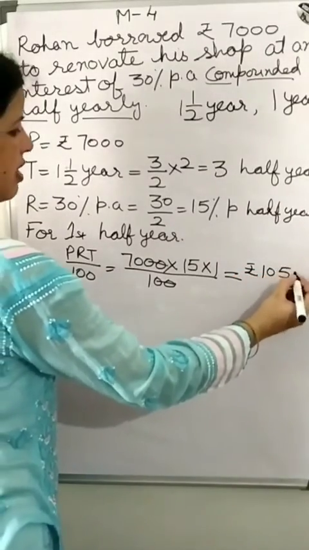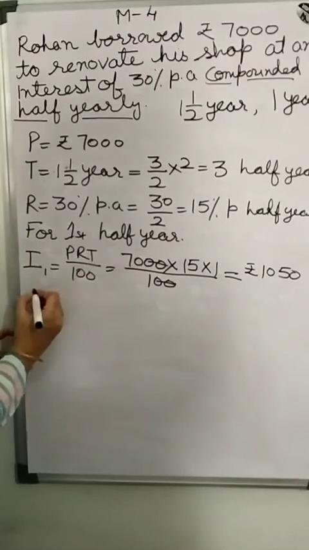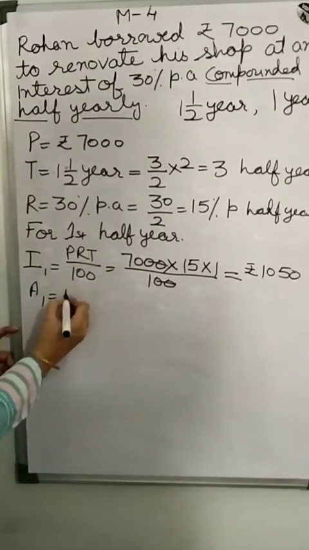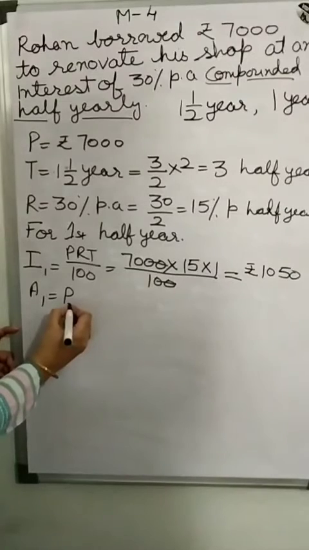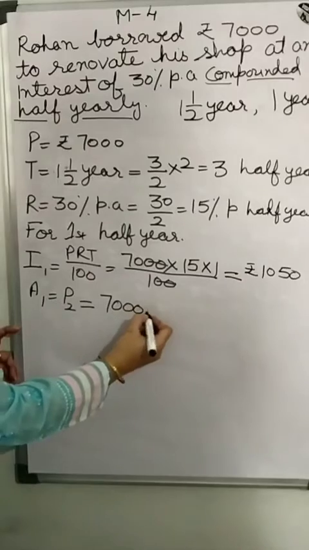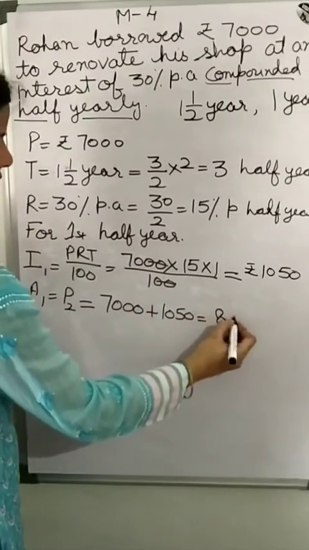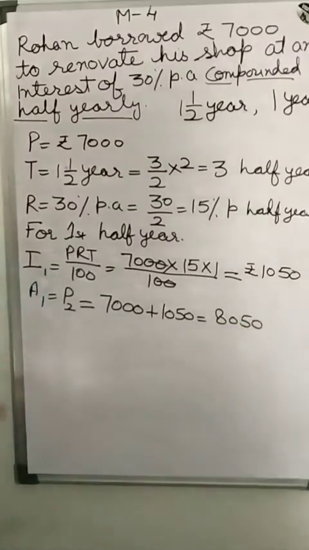This is rupees 1050. So this becomes the principal for the next half year, that is 7000 plus 1050, and it becomes 8050.